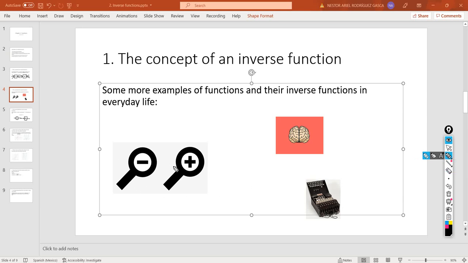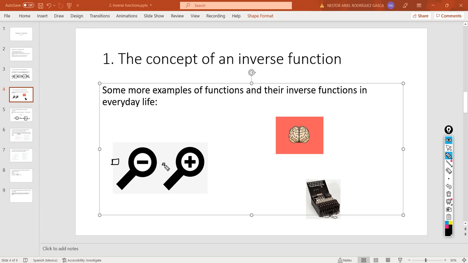A zoom out and a zoom in are inverse processes, inverse functions of one another. If you have any figure or shape and you zoom out, this function takes the shape and makes it tinier. Let's suppose it goes from here to here: input, process, output.